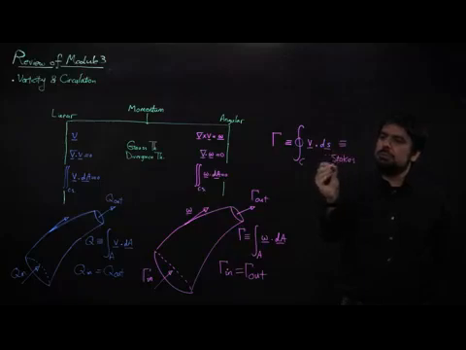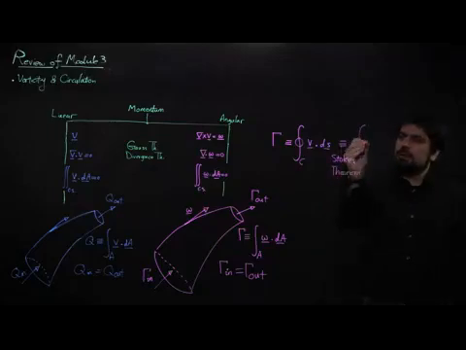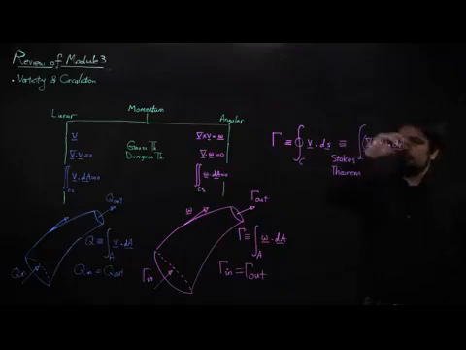So this Stokes theorem enables us to say that this is equal to the flux of curl of the velocity field coming out of the area that is encircled by this closed curve.